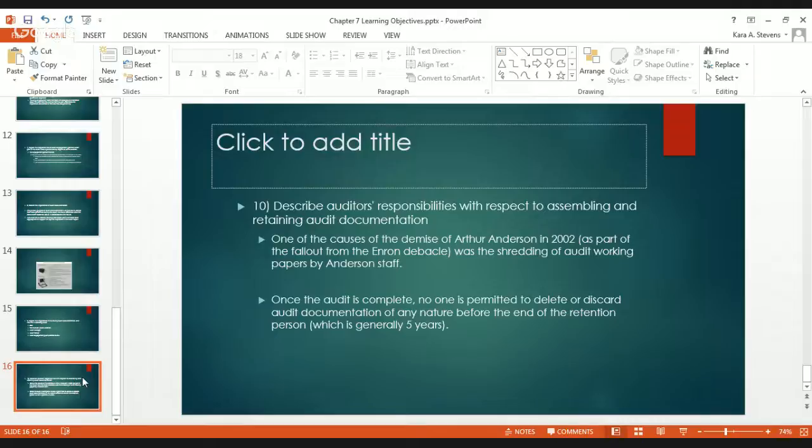So the rule of thumb on an engagement is that once the audit is complete, you can't delete or discard any audit documentation of any nature before the end of the retention period, which is generally 5 years. Something to keep in mind, any documentation that you have could be used in the court of law.